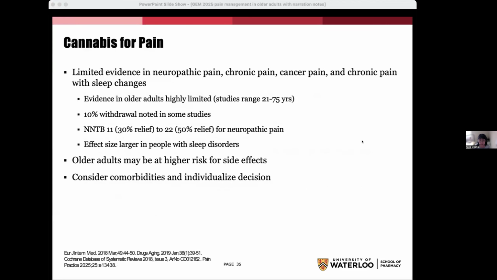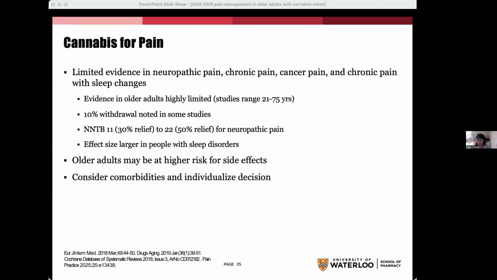Cannabis. This was mentioned a bit earlier. The quick answer is there's not a lot of data for this indication, but you'll probably see patients asking about cannabis or cannabinoids for pain. In the studies that we do have, the data is focused on the younger side of the population. We do have a few studies with patients around 75 years old.